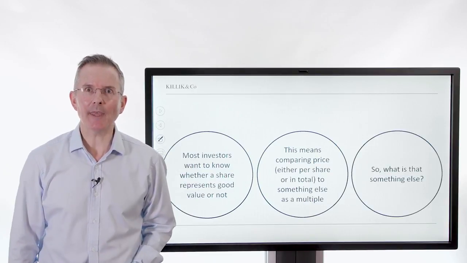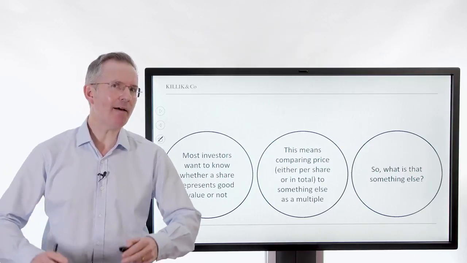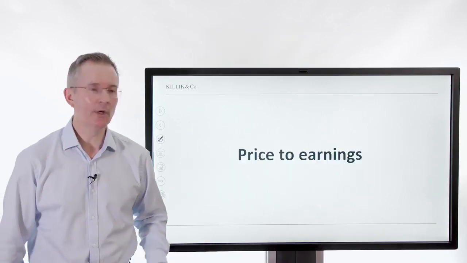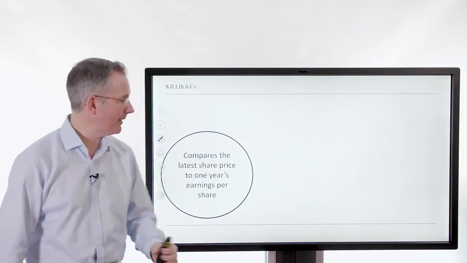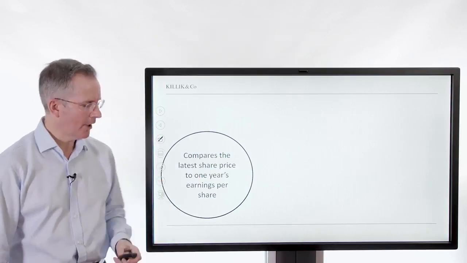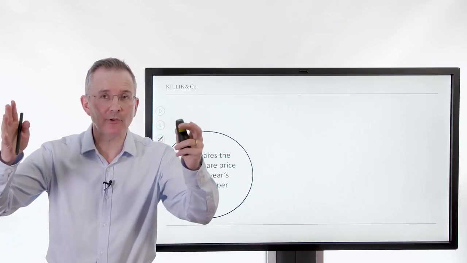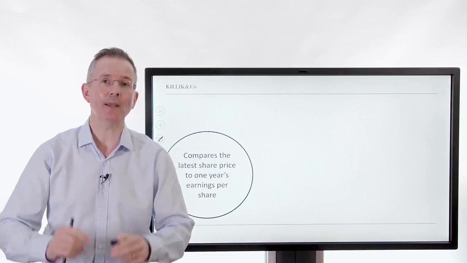So what is the something else? Well, let's start with the one that's published everywhere and therefore tends to get the most publicity, the price to earnings ratio. So what is this again? Fast recap coming up, more information available at the end. This compares the latest share price to 1 year's earnings per share, or the market capitalization of the business as a whole to an entire 1 year's earnings typically.